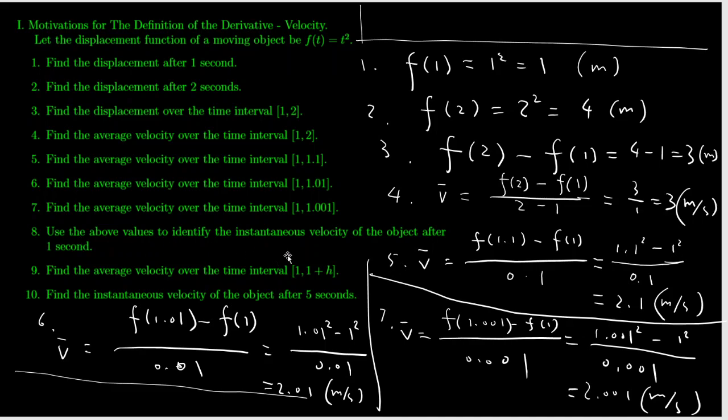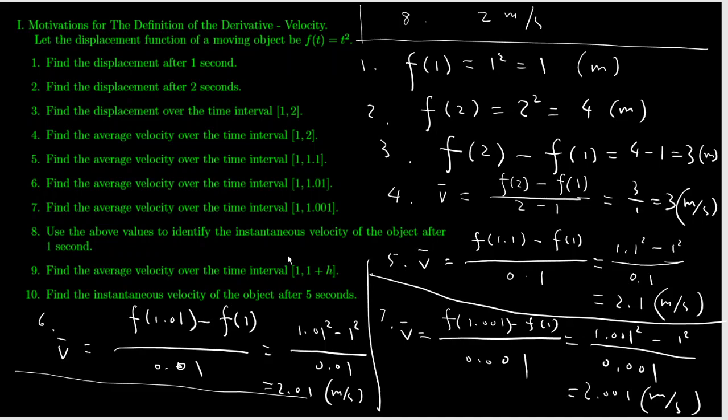Now the answer to question number 8. The answer is just the number you told me earlier. The instantaneous velocity after 1 second is actually 2 meters per second. So this one is the instantaneous velocity.